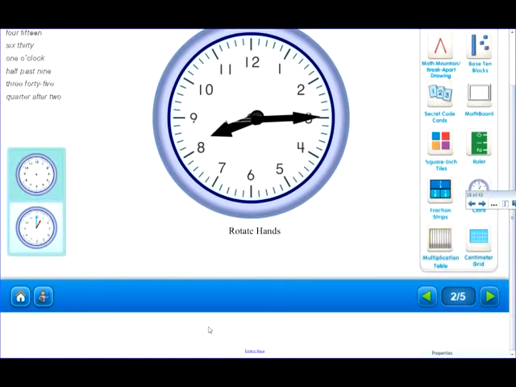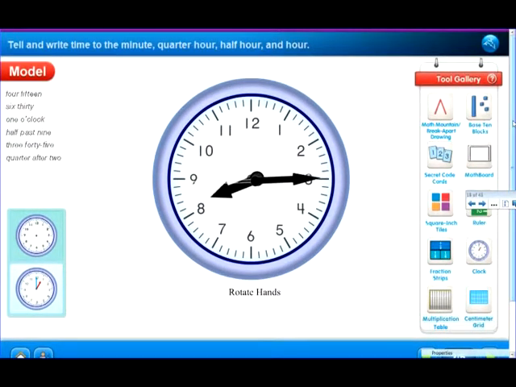We say quarter after. Well, this is all review for us because we do this every day. But just to make sure you know it, tell your parents what this would be. 30 minutes past, or what's another way to say it? Half past. Good.